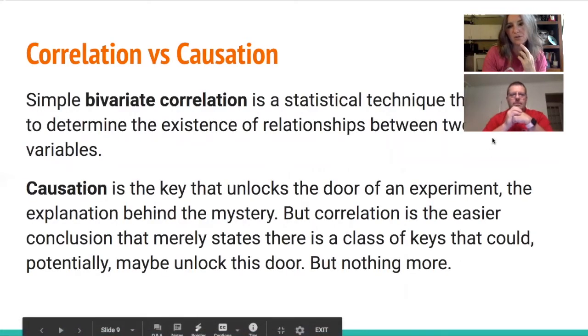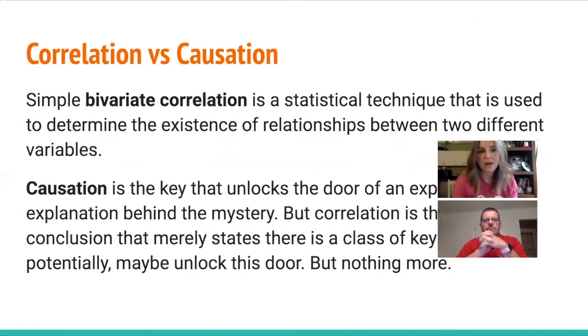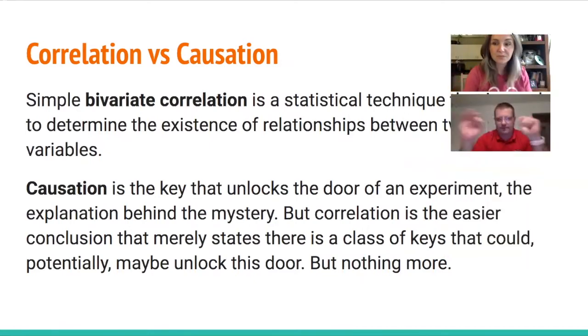All right, so bivariate data, we've talked about this before. When we look at bivariate correlation, we're going to use a statistical technique that determines the existence of a relationship between two variables. We'll be able to show a mathematical connection. Right. It doesn't mean one is causing the other. It may be some other reason, but we'll talk more about that.